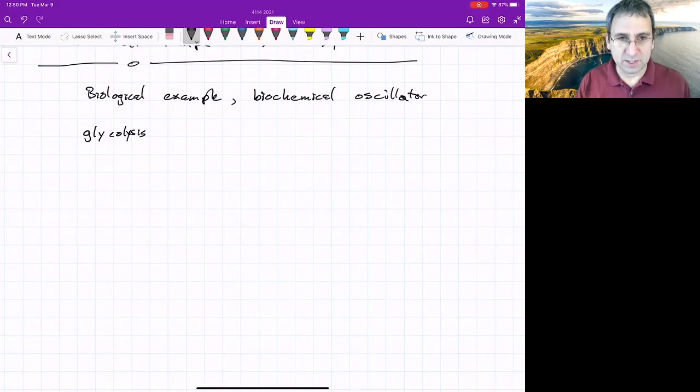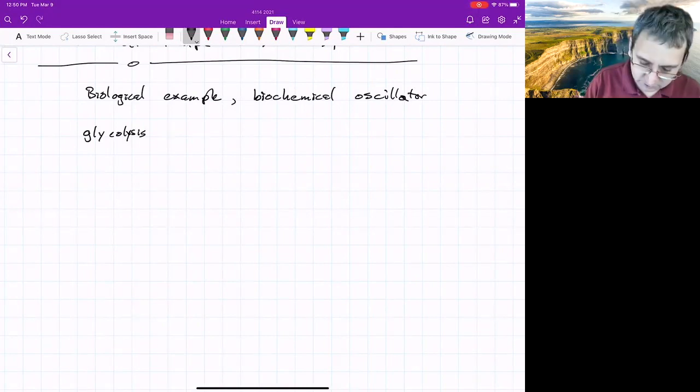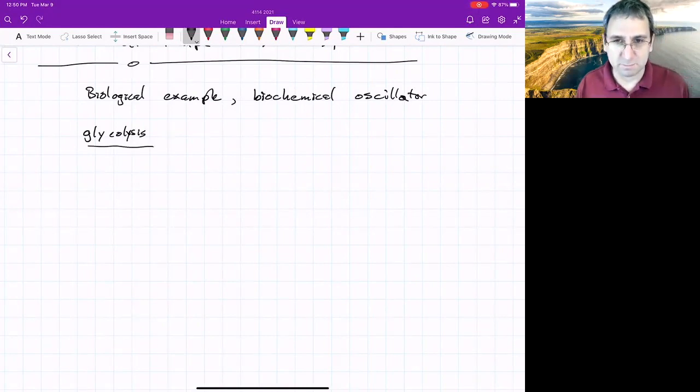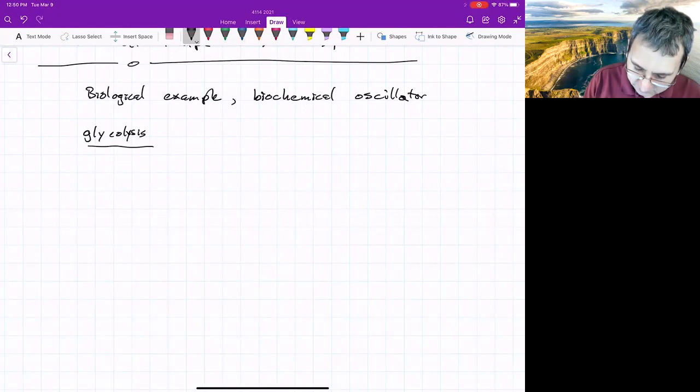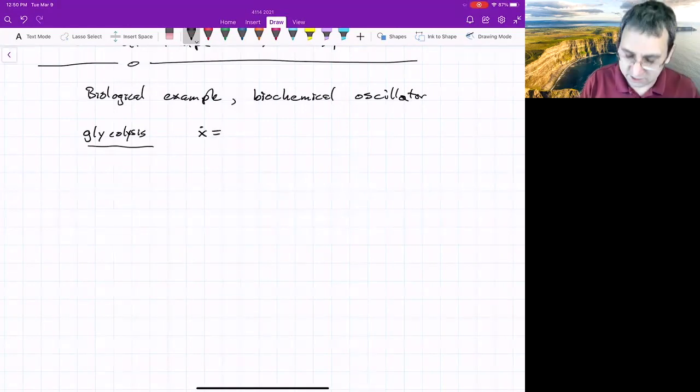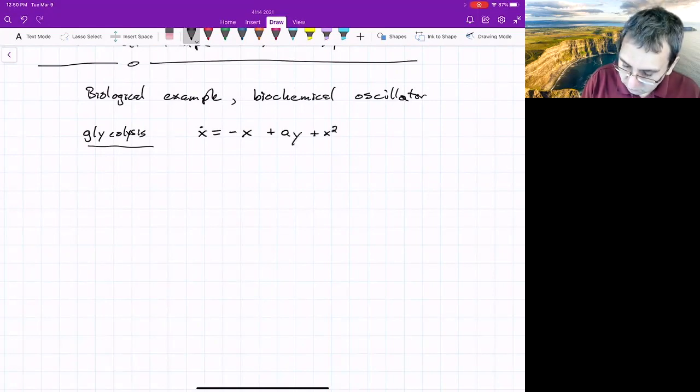So don't worry about the details of the model I'm going to put here. It's more just the idea. When you put the equations of motion in dimensionless form, you get something that looks like this. So this is x dot equals negative x plus a y plus x squared y. y dot equals b minus a y minus x squared y.